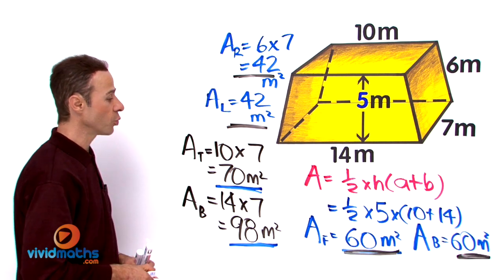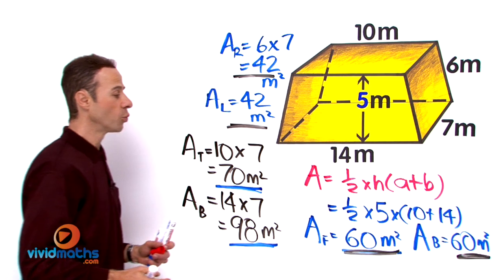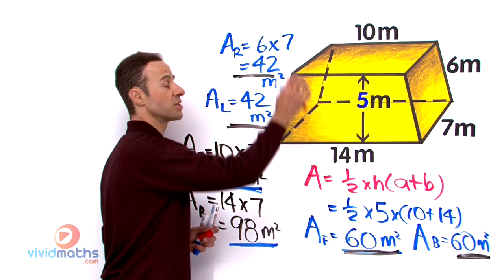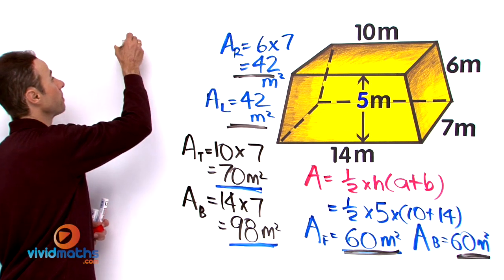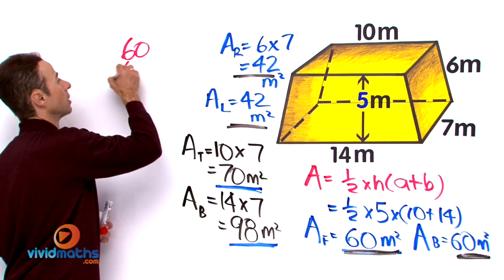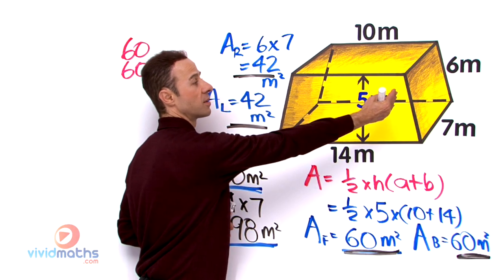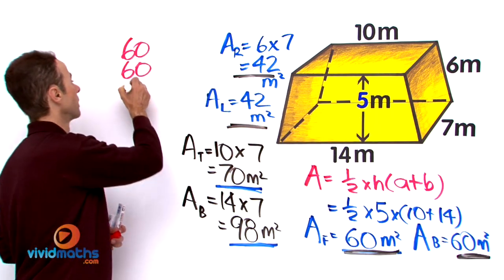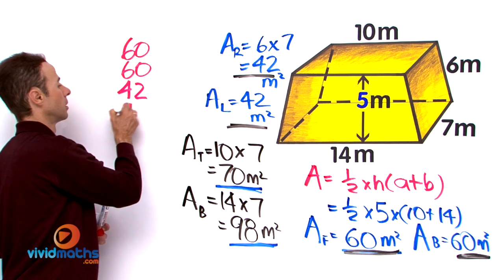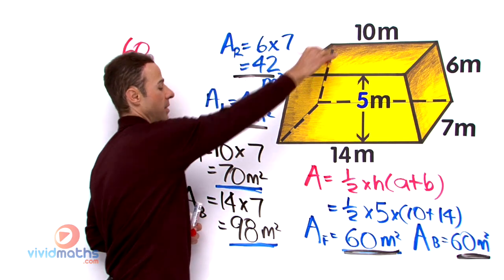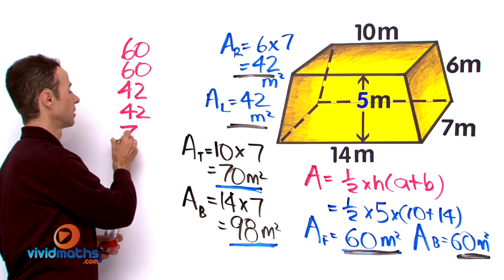So we have the 60s, which are the areas of the front face and the back face. So let's write that up. And then we have the 42s, which is the right face and the left face. And then we have finally the top, which is up there, which is 70.